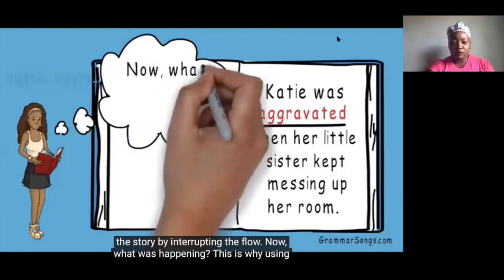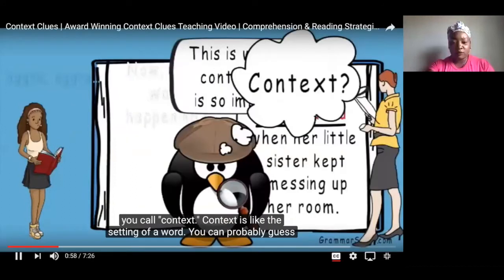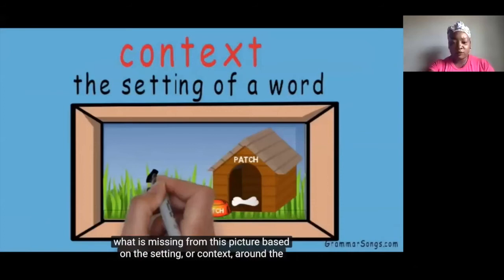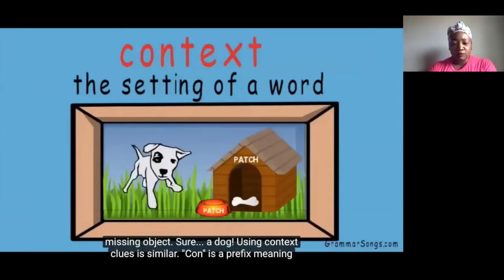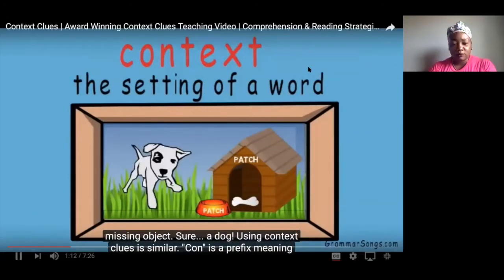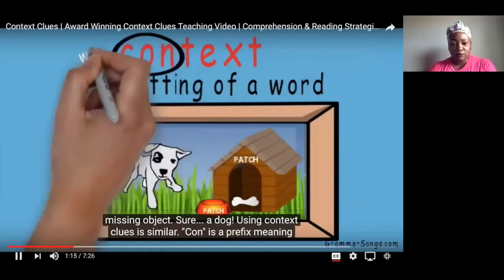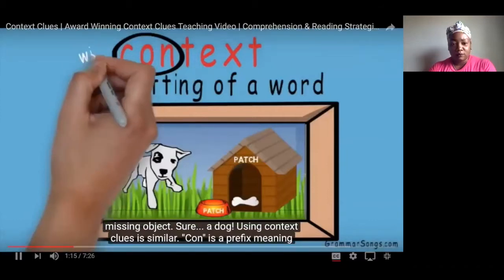This is why using context clues is so important. I know what clues are, but what is this thing you call context? Context is like the setting of a word. You can probably guess what is missing from this picture based on the setting or context around the missing object. Sure, a dog.